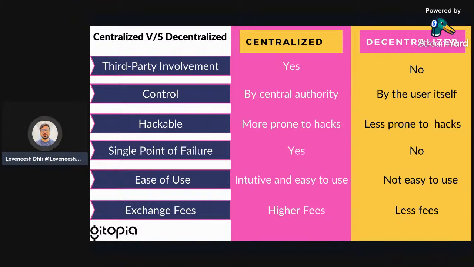The exchange fees that the wallet will take at max would be around 300 rupees, I think, for a large amount as well. So this is the exchange fees aspect. We haven't discussed this in the previous slide.